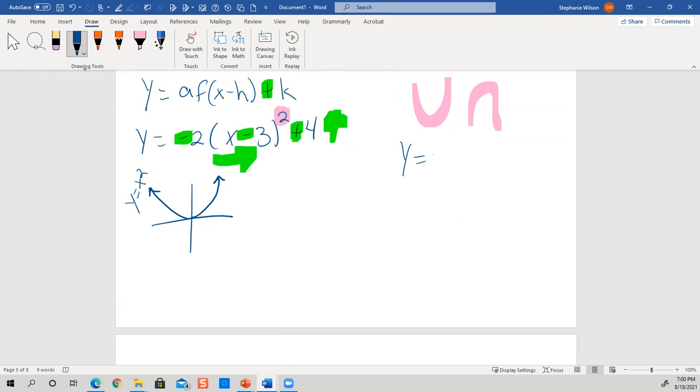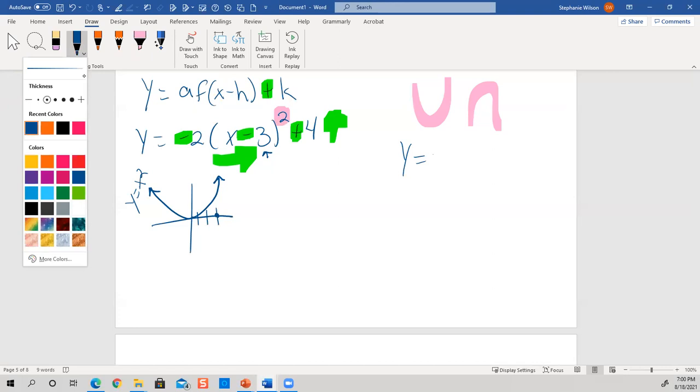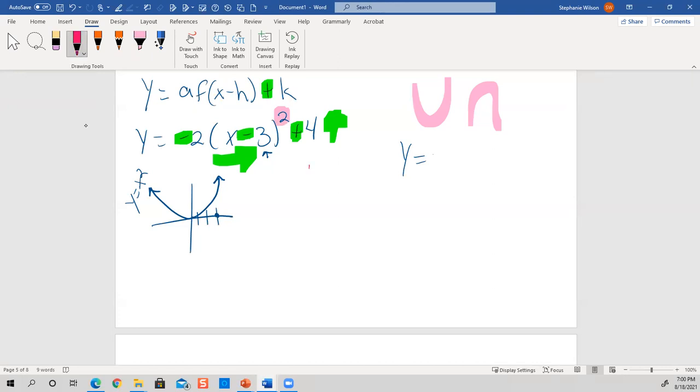When I apply it, I'm going to take this 3 here, and we're going to move it 3 places: 1, 2, 3. And then I'm going to do the next thing. I want to apply the moving it upwards, so I'm going to move it up 1, 2, 3, 4.